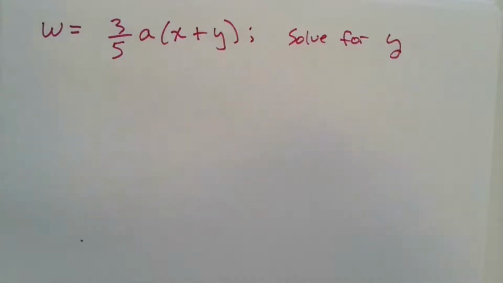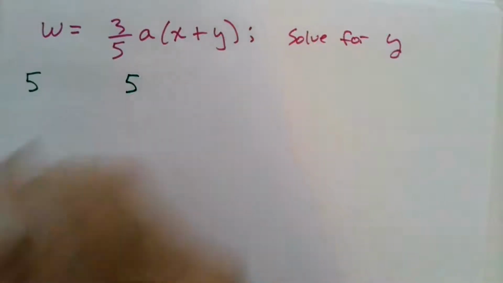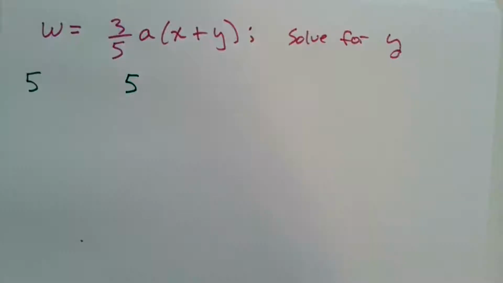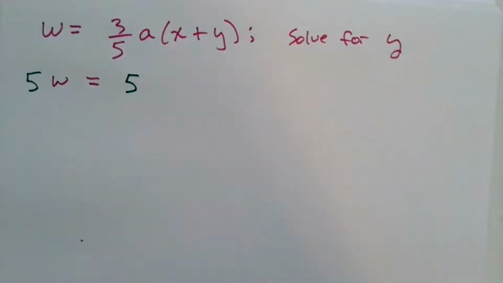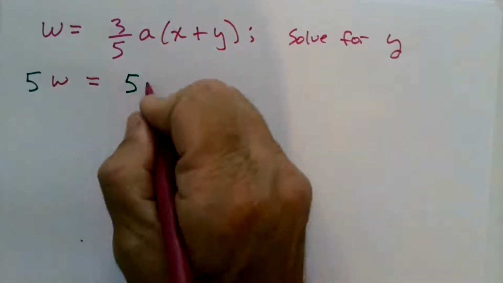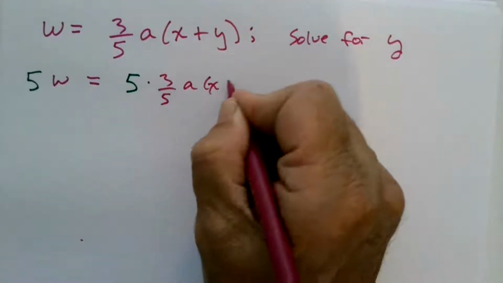We're going to multiply both sides by the denominator of 5. So I get 5W equals 5 times 3/5 times A times X plus Y.